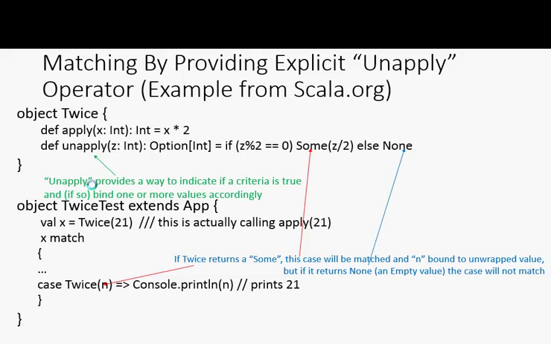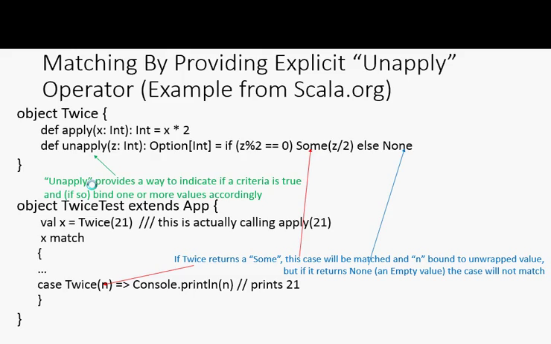Now, unapply is going to take in any integer and it's going to test, is it even? And if so, it's going to return that value of which it's twice. So it's going to return z over 2. So if it gets an even value given to it, let's say 42, it's going to return 21.